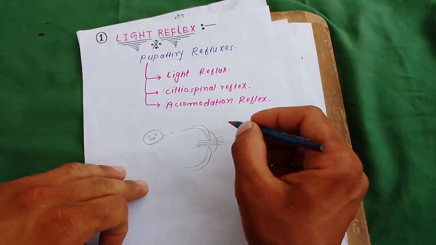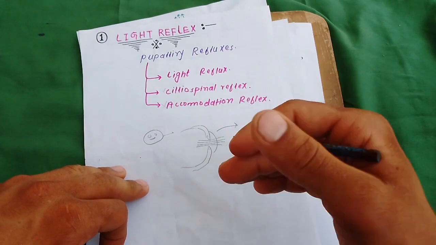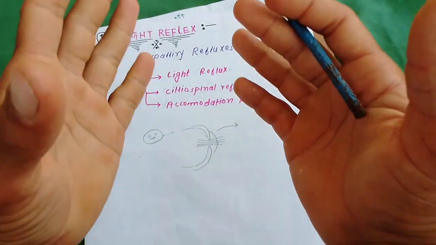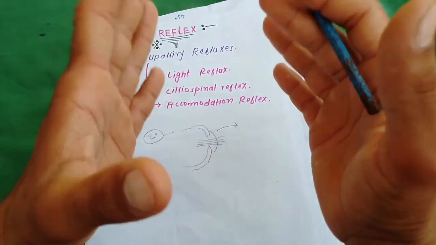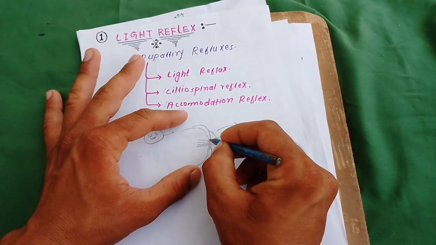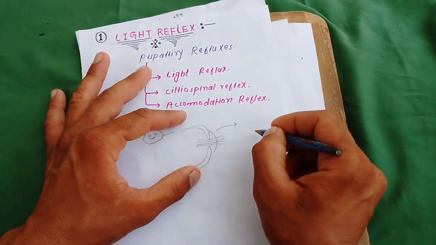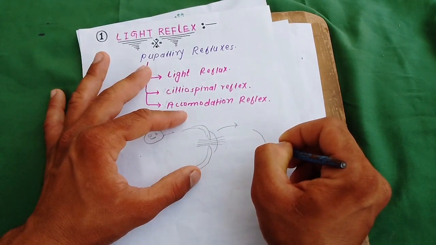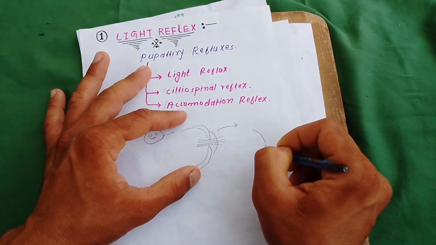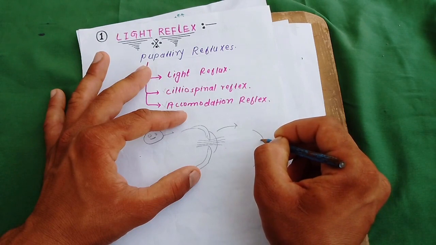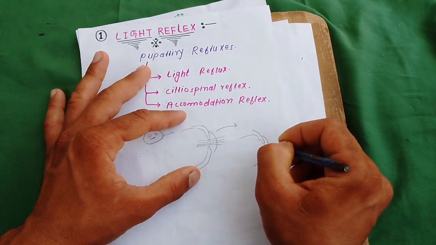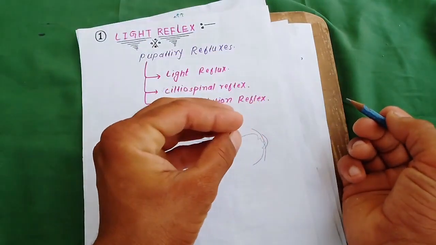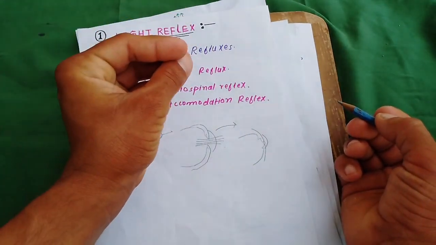But when this man goes out to a very high light, a very broad strong light, then the size of the pupil of this man becomes very small. It is because of the light reflex.